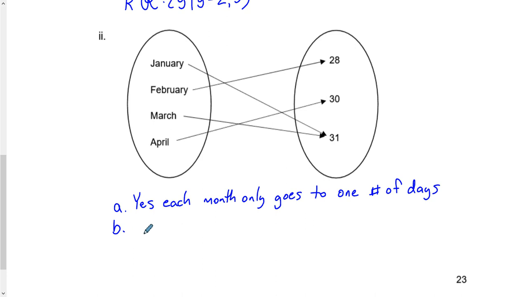Alrighty. So now let's do our domain and range. Domain. Get into the habit of writing X's. So our X's, and let's do a little abbreviation. X's: January, February, March, and April. Done. How about our range?